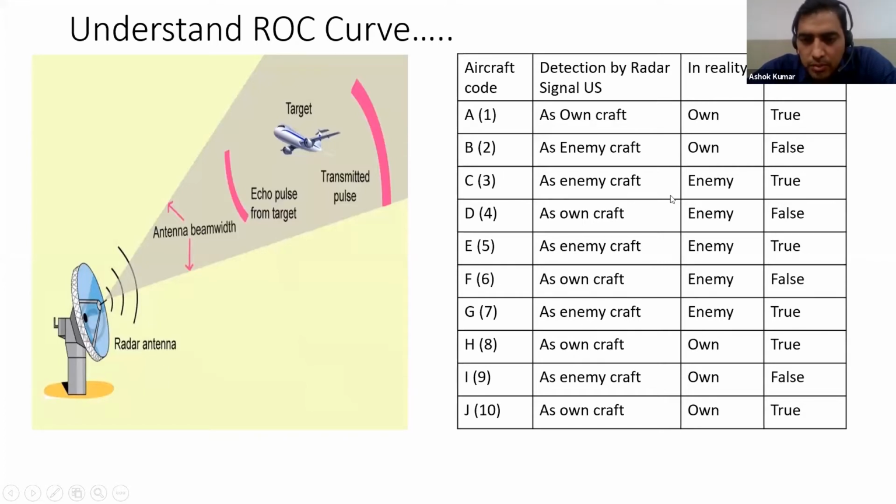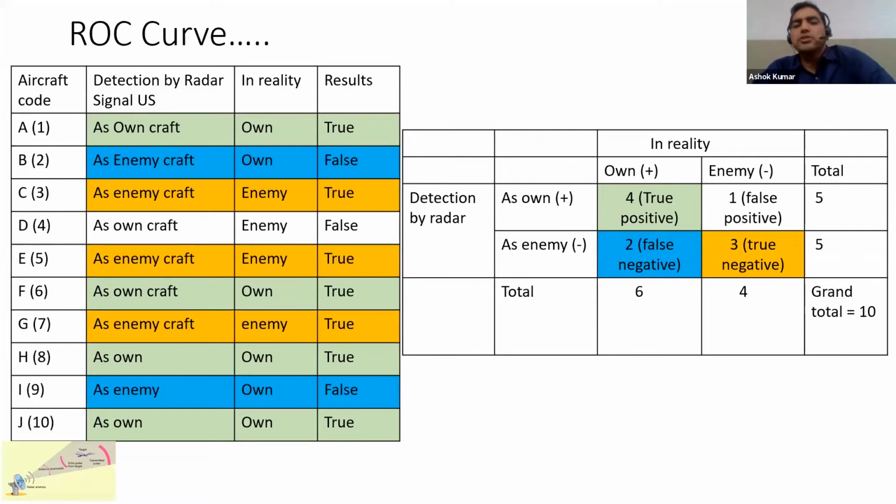So we made a table according to the detection and the reality, and these are the results. How can you put these results in a 2 by 2 table? A 2 by 2 table is a very good table, a contingency table. If you like to play with the table, you will get a lot of things.